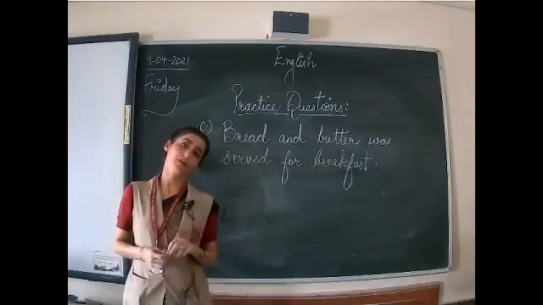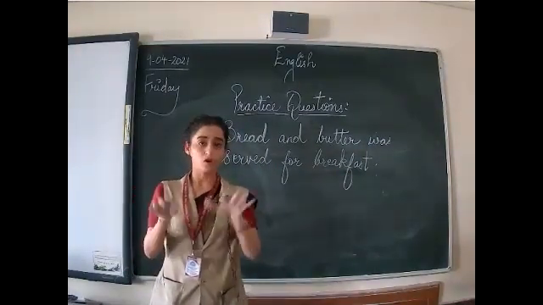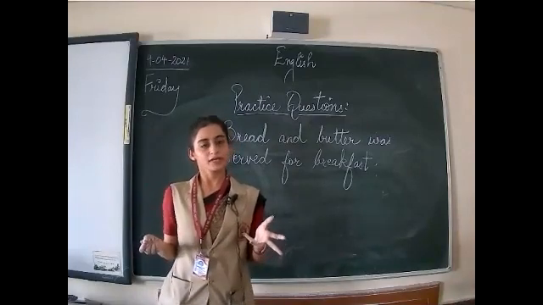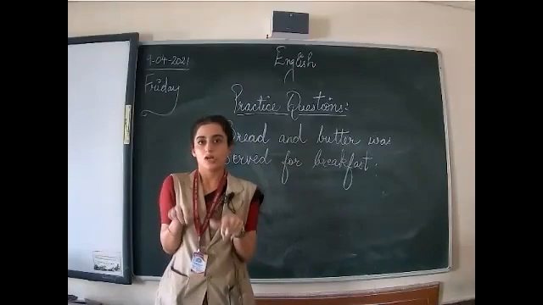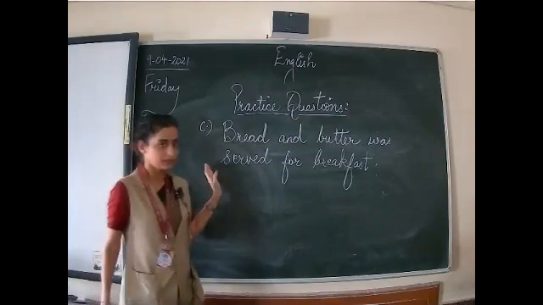Children, I hope you have had your breakfast before the class. If not, you'll get a 10 minutes break. Have it in that, okay? But not in the classroom, all right? Not right now. So, this is your third sentence.